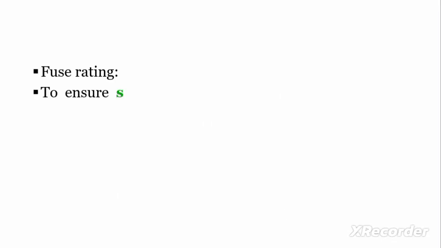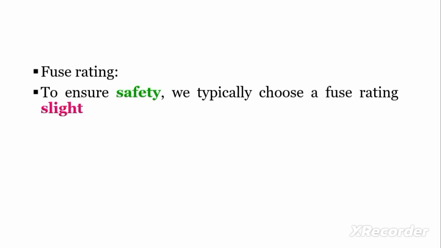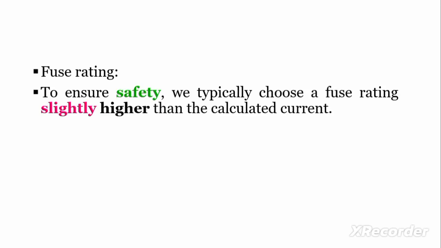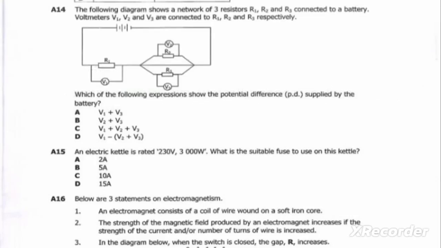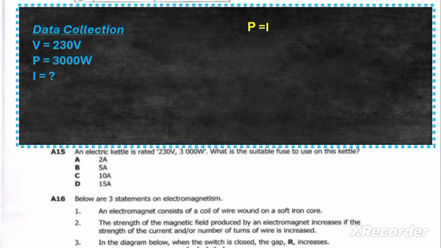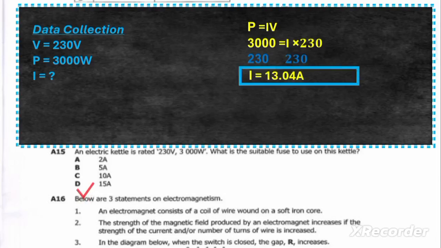To ensure safety, we typically choose a fuse rating slightly higher than the calculated current. So our correct answer is D, which is 15.